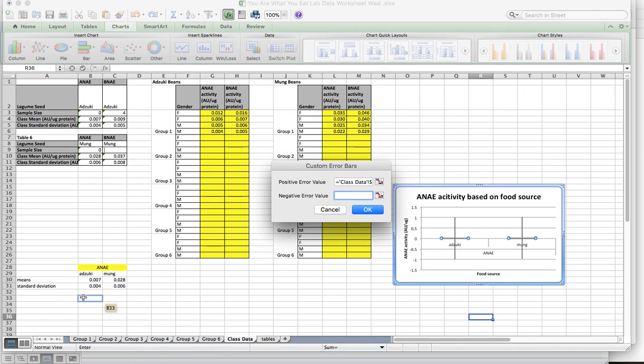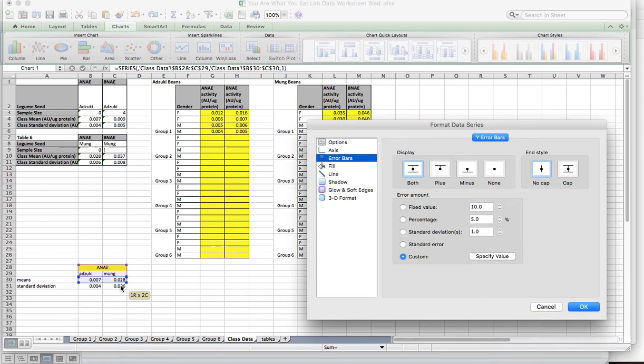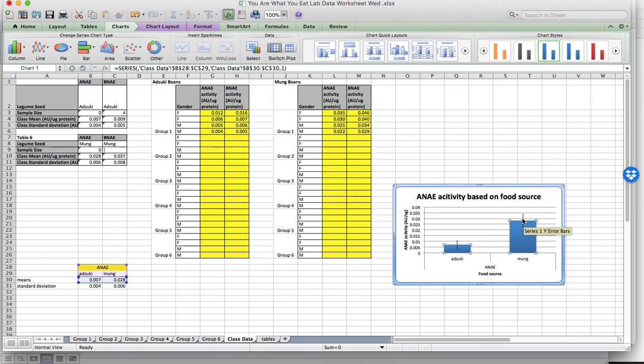You do this for the top and the bottom, and click OK. So if you click OK, you should see that the standard deviations are plotted as error bars. So at this point, the graph is complete. You just have to put in the legends, and besides that, everything is good.